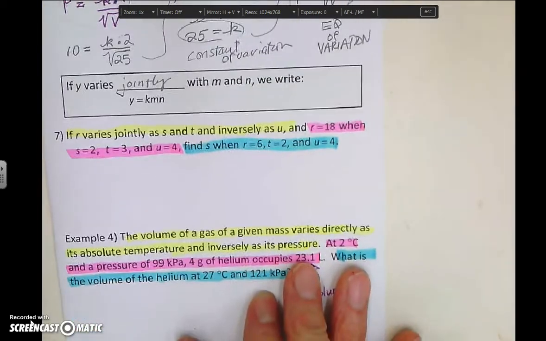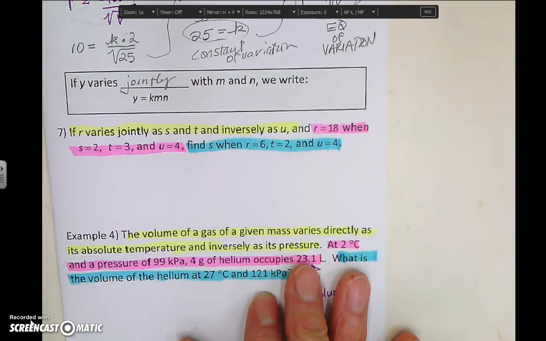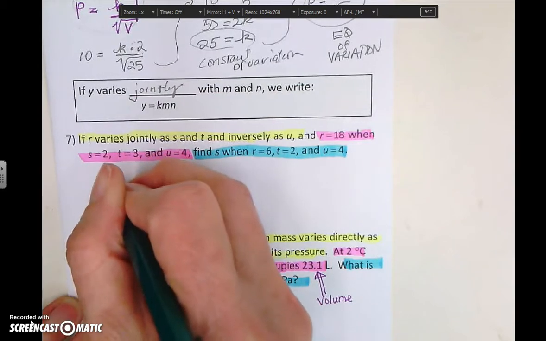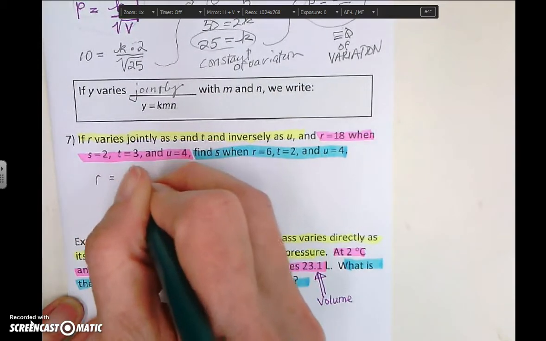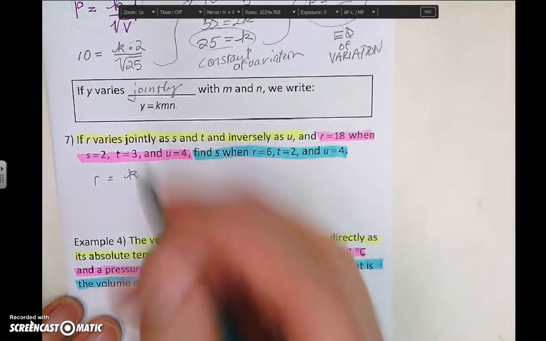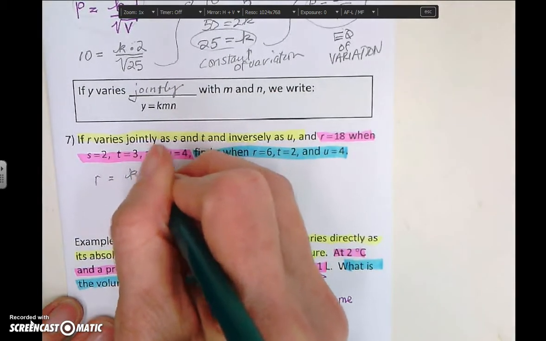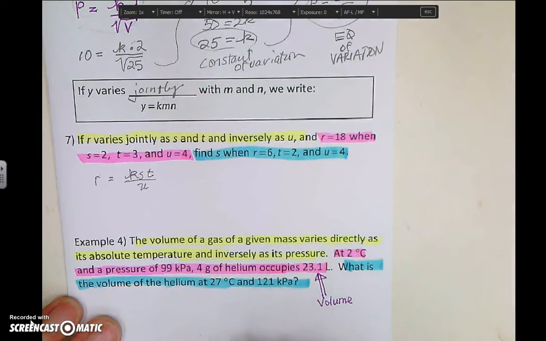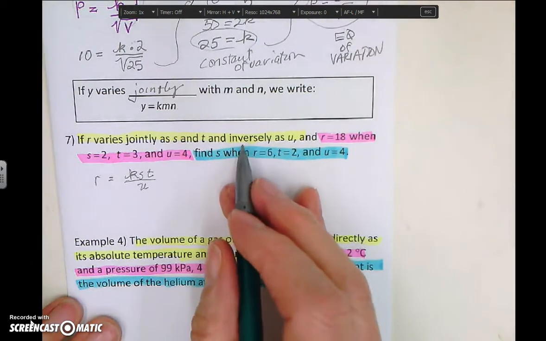Example 7: Y varies jointly as S and T and inversely as U. When I set that up, I have an R, so start there. It varies jointly, so it's equal to K times ST, and then inversely as U, so it's going to be over U.